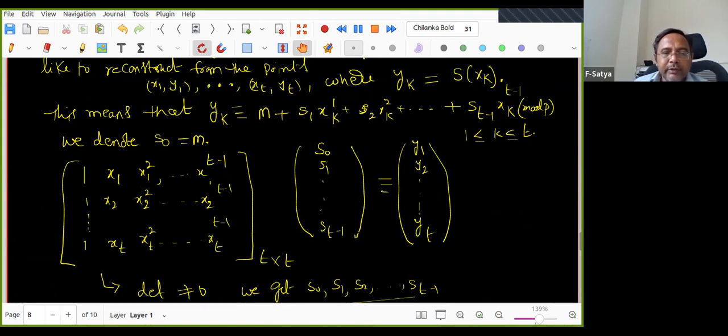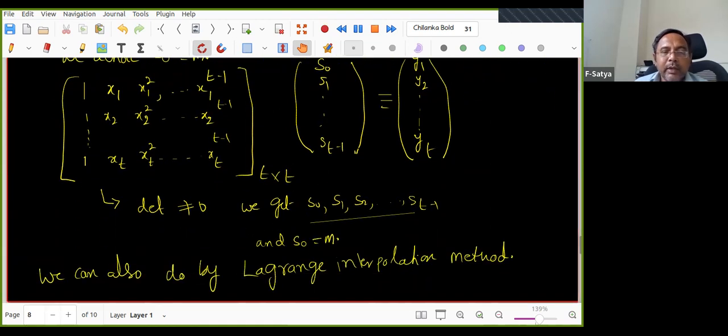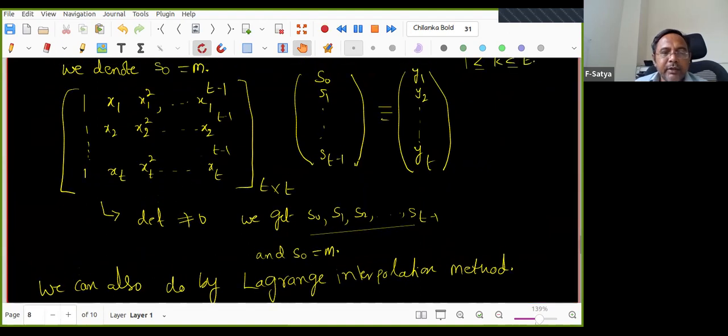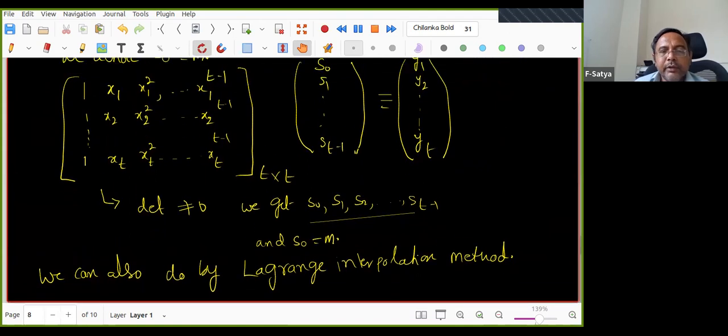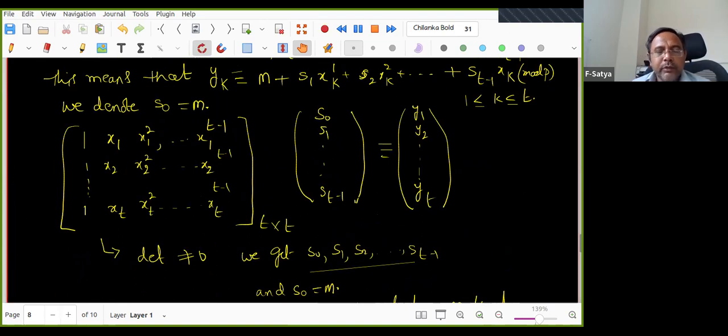They know x1, x2, up to xt because all came together. They also know y1, y2, up to yt. They do not know m, s1, s2, up to s(t-1), but they can recover them because the x values are all distinct, so the determinant is not equal to 0. By solving this we get the values; a unique solution will be there. So then S of 0 equals m. Is it okay? That is the way any t people who come together can get the secret. Is it clear really?